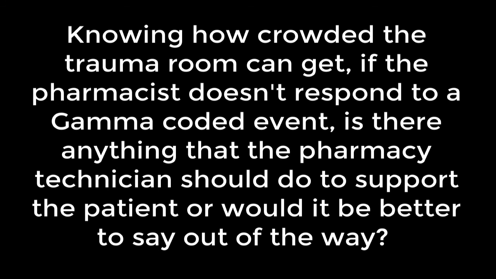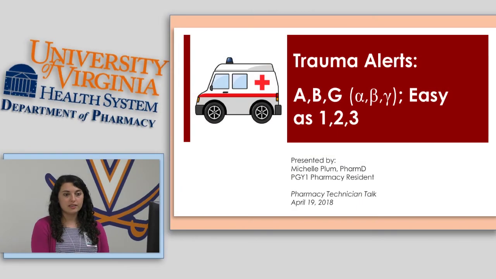If they're working up in the ED, it's good. They can always just stop by and say, hey, I'm here, let me know if you need anything, but they don't necessarily need to respond in the actual room. For any of the alerts, usually the technician doesn't respond in the actual trauma room just because there's a large number of people in there. There can be upwards of 20 people in that room.